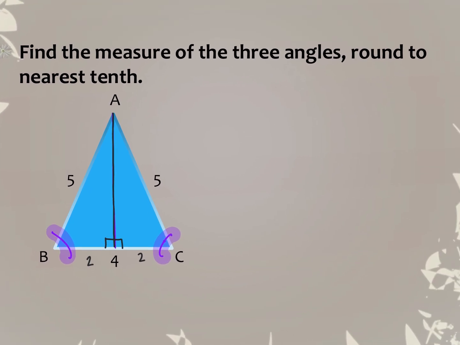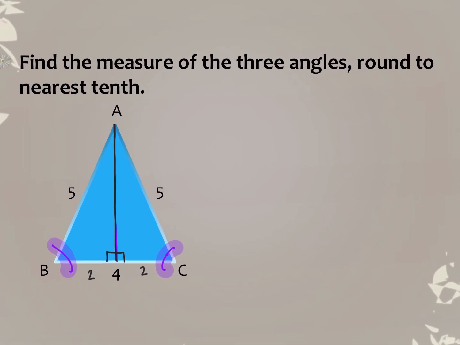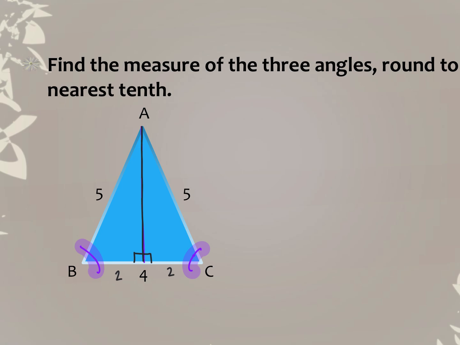So it doesn't matter which one I solve for first. I'm going to go ahead and solve for B. Remember, B and C are the same. So looking at this, I'm solving for angle B. So angle B, what do I have? I have my hypotenuse and my adjacent side.